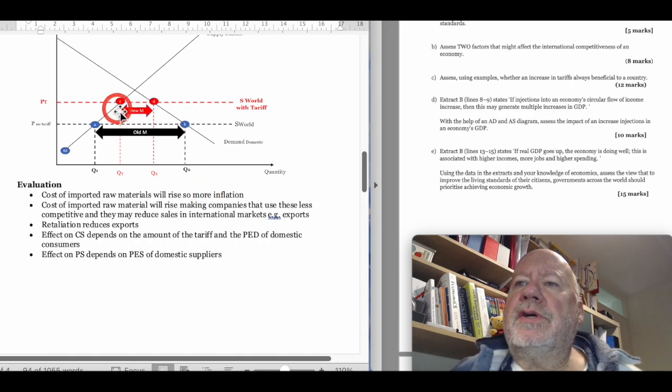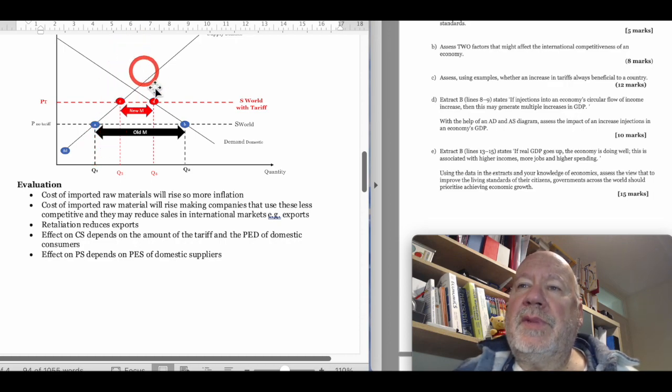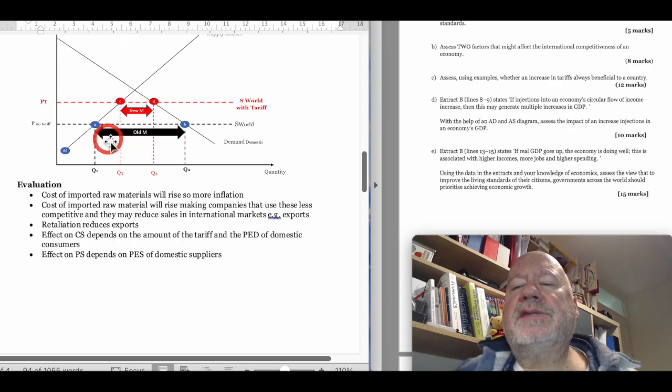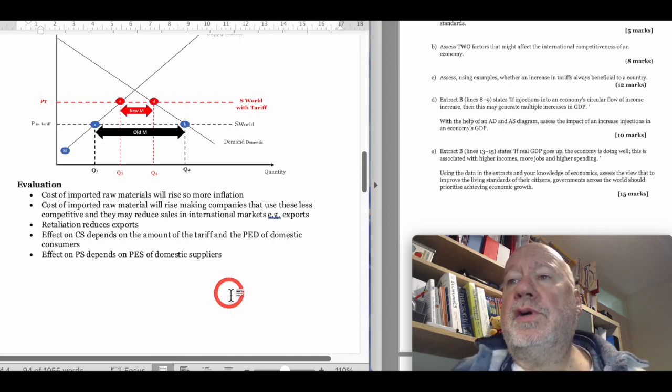The effect on the consumer surplus, remember this area here, depends on if it's inelastic demand, inelastic supply in this particular market, and so you could talk about that as well. So there's a lot that you need to talk about in terms of the evaluation.